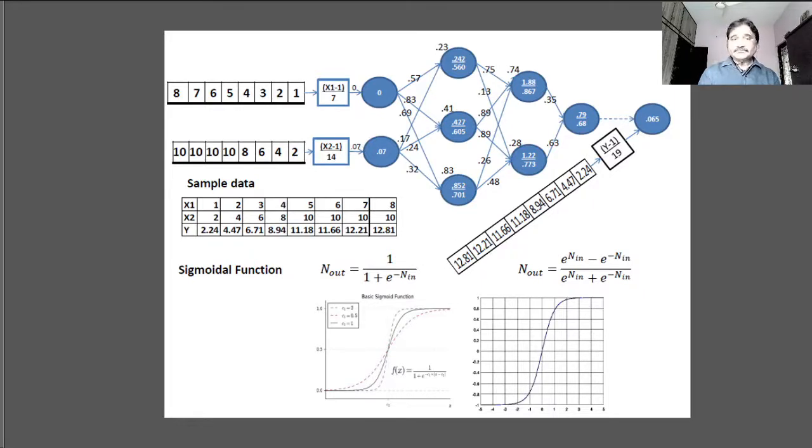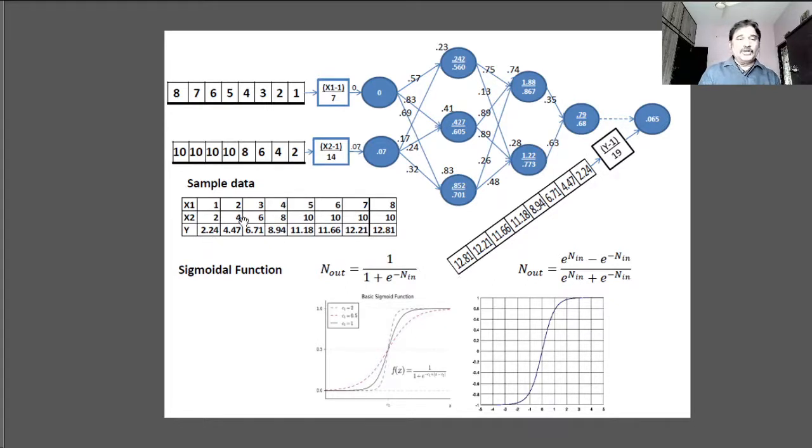All right, this is the data which is given to us. This matrix tells you about the data. There are only two inputs, x1 and x2, and their values are given here, and the corresponding output value is also known to you.